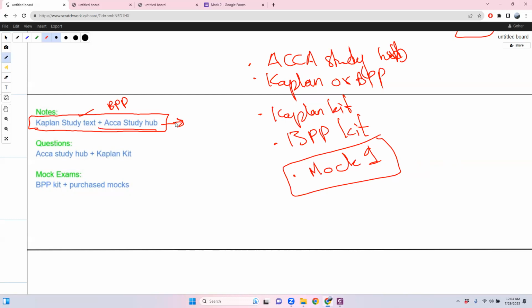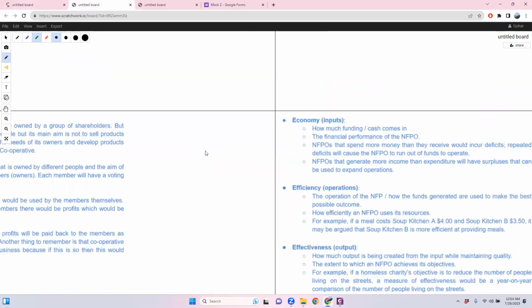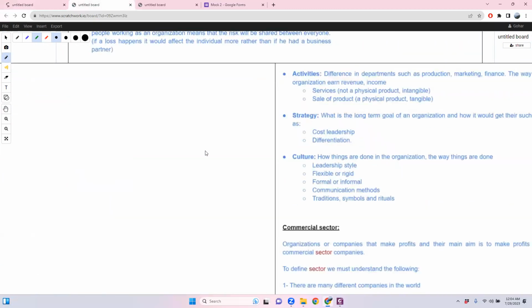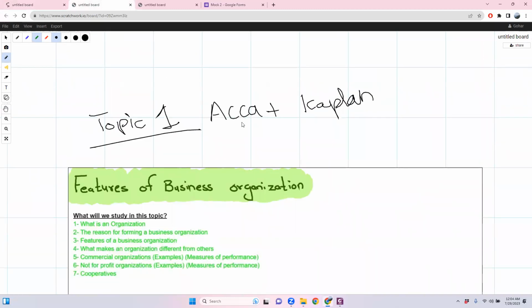It has the most up-to-date information available. So our notes are prepared in great detail from the ACCA Study Hub, and they also include the information from Kaplan. If we look at the notes, this is topic number 1 of the F1 exam.